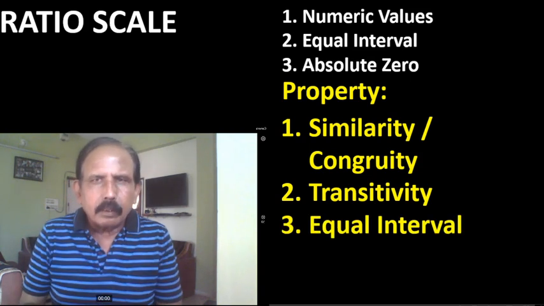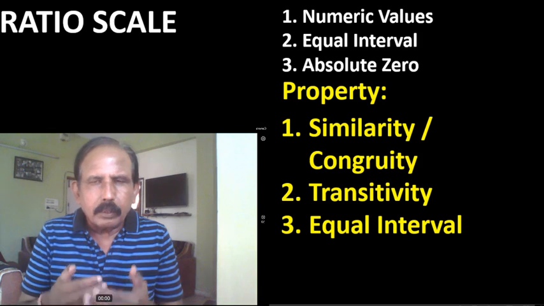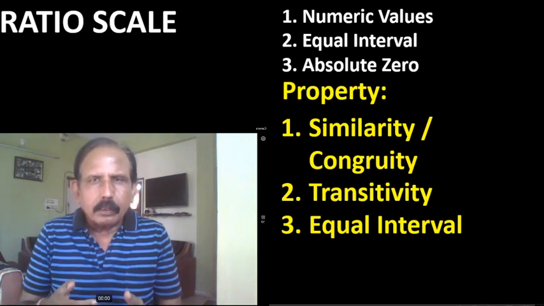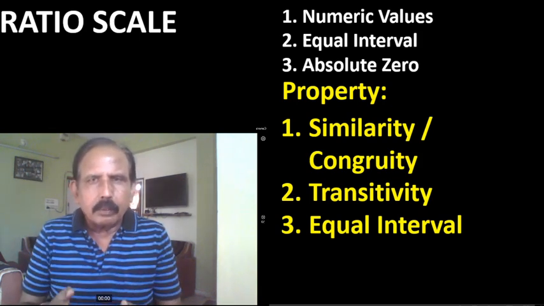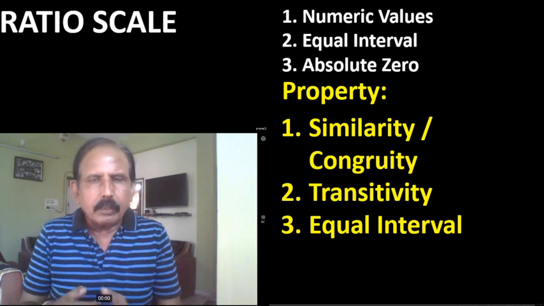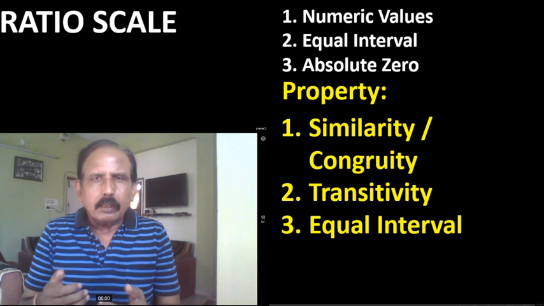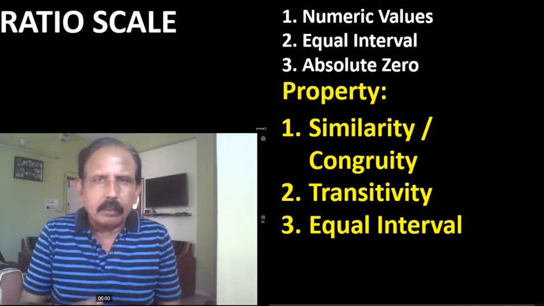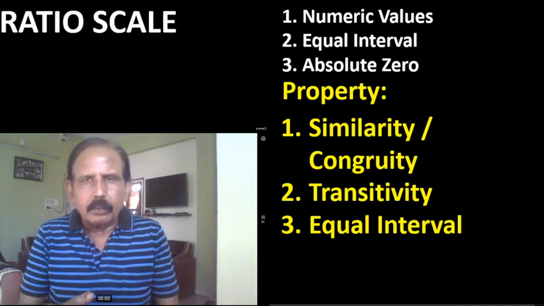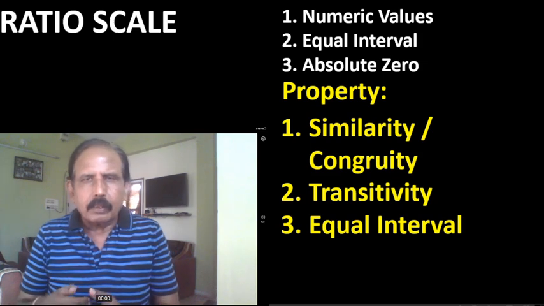Equal interval is there because numerical value, mathematical value are assigned to the subjects. So equal interval will be there as we have discussed about the subjects having 10 marks and 20 marks.